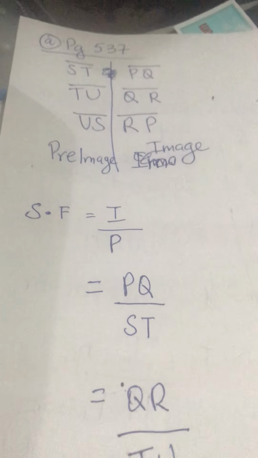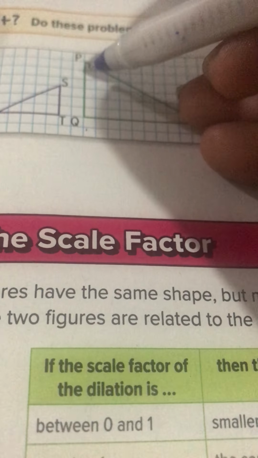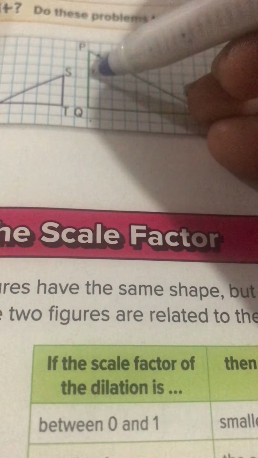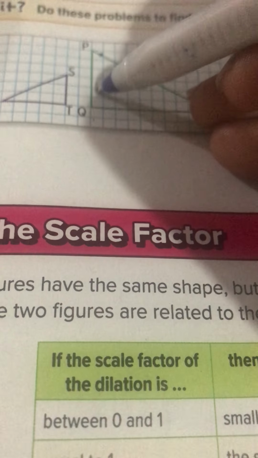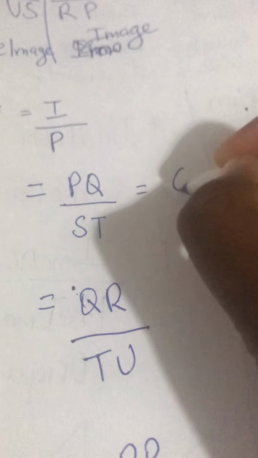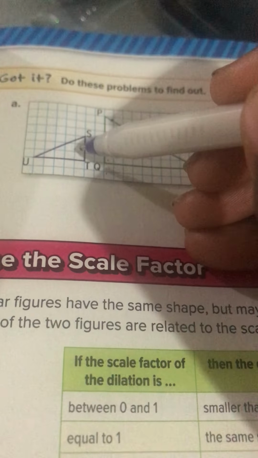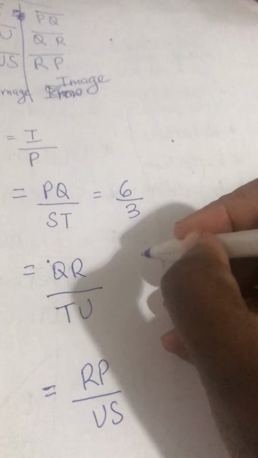So I need to know what is the length from P to Q. I count the units. 1, 2, 3, 4, 5, 6. I write it over here. 6. I find for ST 1, 2, 3. I write it over there. 3.